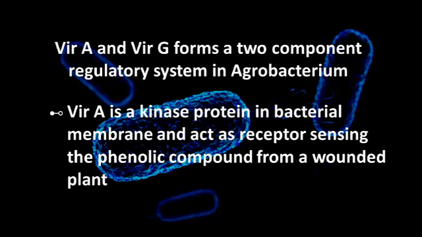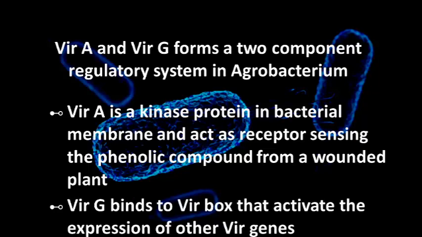VirA is a histidine sensor kinase protein and will become phosphorylated before passing this phosphate group to the response regulator VirG. The activator response regulator VirG then binds to the Vir box located upstream of each Vir promoter to activate the expression of other Vir regions.